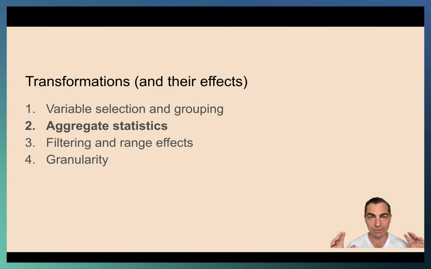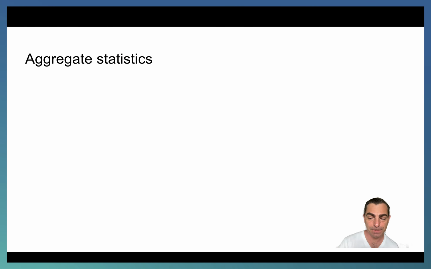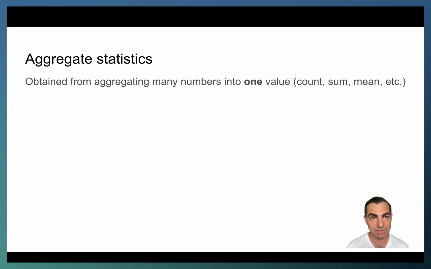Now we dive deeper into what kind of aggregate statistics exist, what the implications of using these statistics are, and also what some major potential pitfalls are. So we're going to cover a small set of aggregate statistics. These are by far the most common, but also the ones that can create quite a lot of problems.